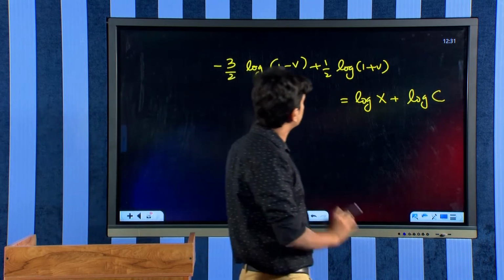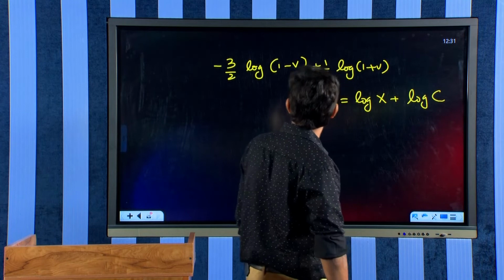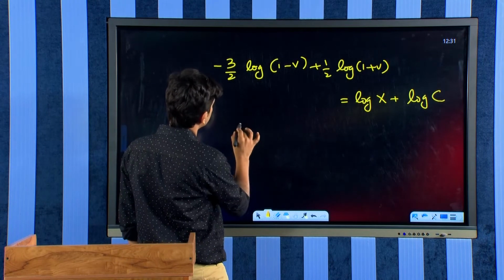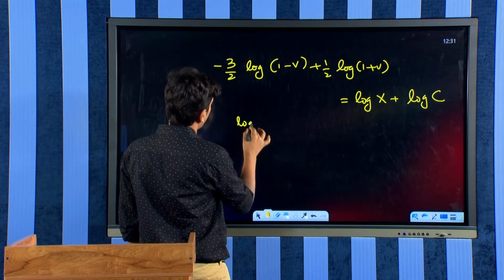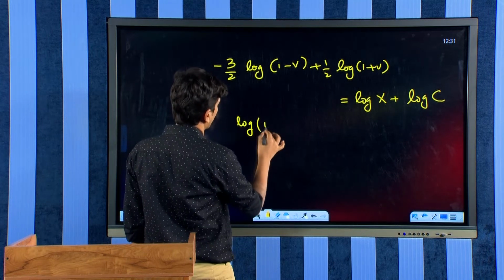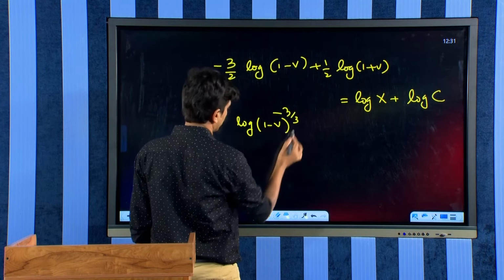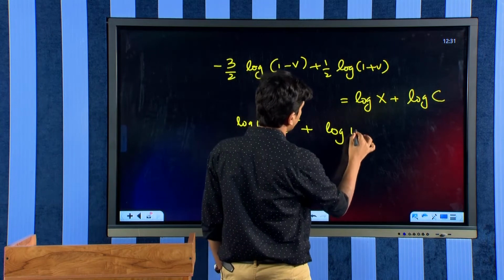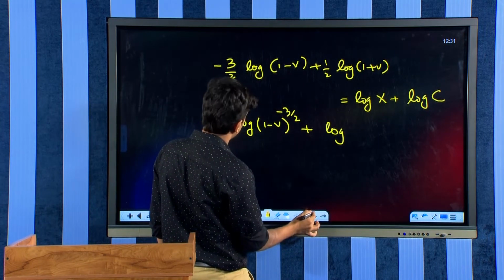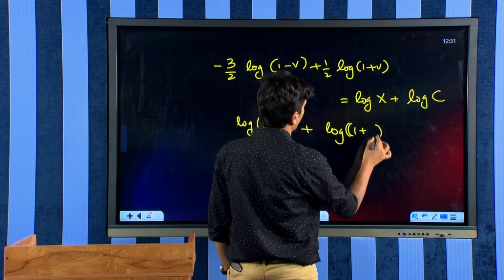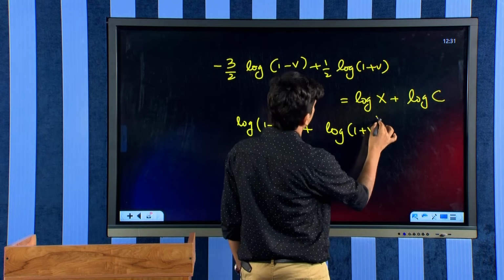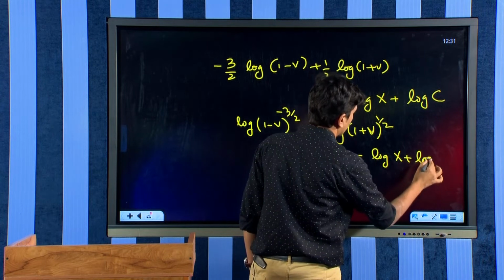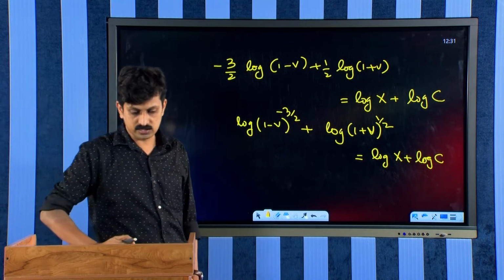Instead of c, making square, this is equal to minus log of (1 minus v) whole raised to minus 3 by 2 plus log of (1 plus v) whole raised to 1 by 2 is equal to log x plus log c.